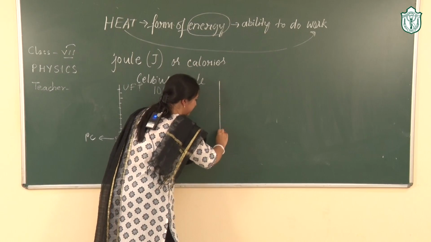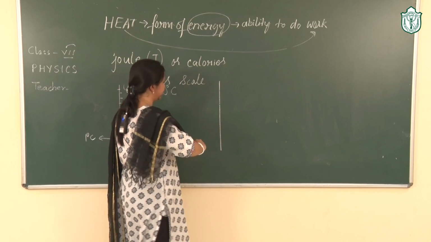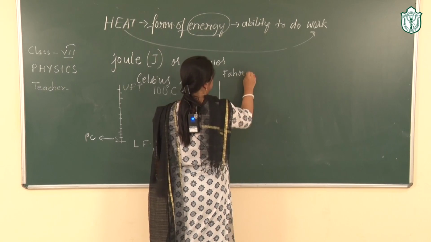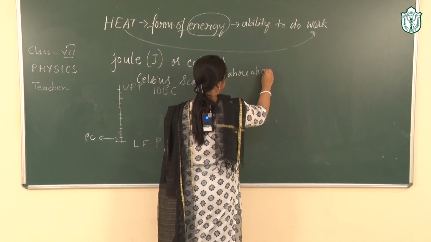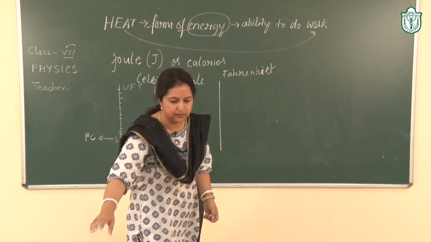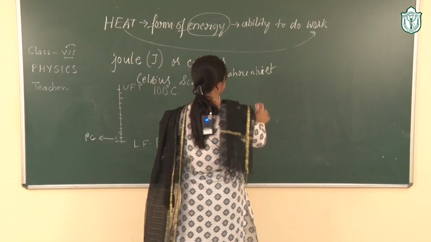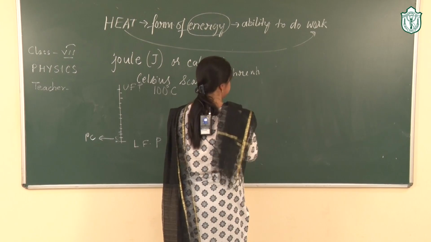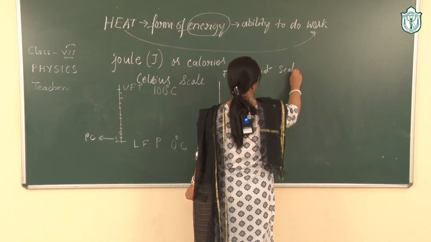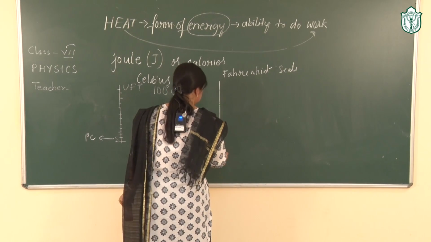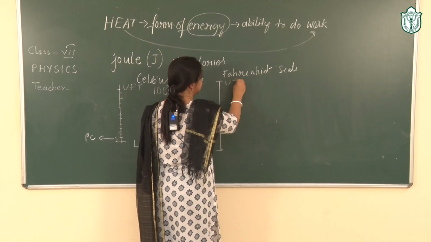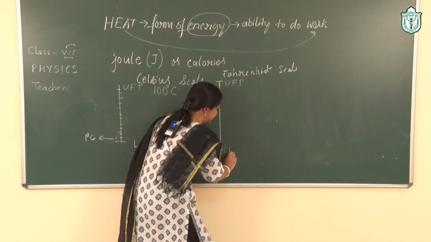when we are talking about the Fahrenheit scale, we have the upper fixed point and the lower fixed point.